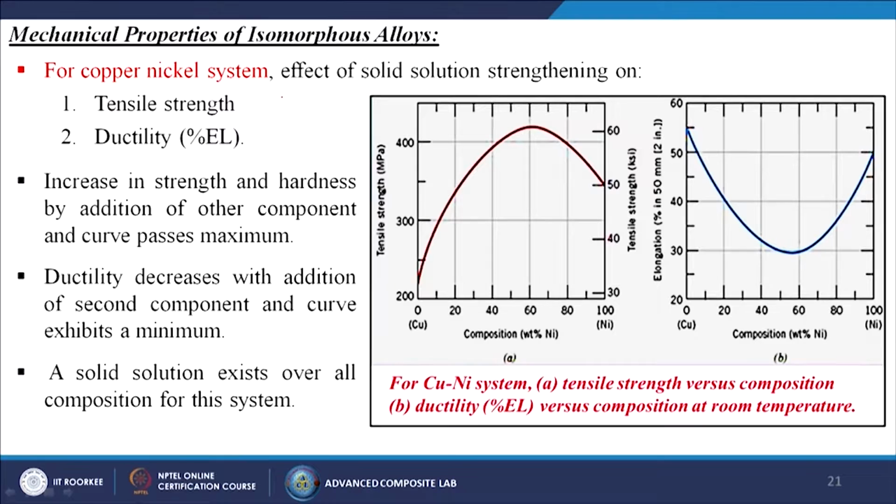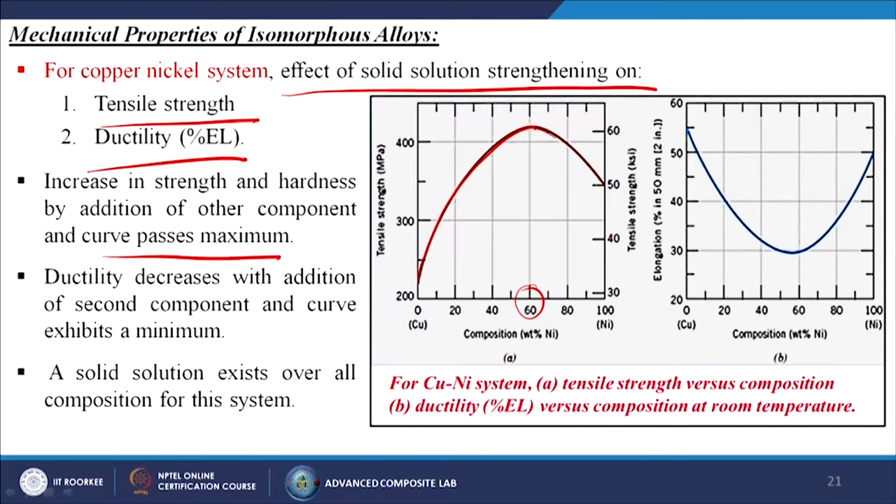What are the mechanical properties of the isomorphous alloys? For the copper nickel system, the effect of solid solution strengthening on tensile strength and ductility, that means percentage elongation. Strength and hardness increase by addition of the other component and the curve passes through a maximum. So, in this case the tensile strength increases up to 68 percent of nickel, and after that it decreases for 100% nickel.